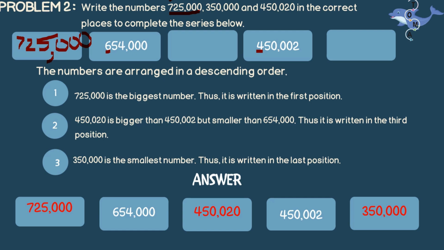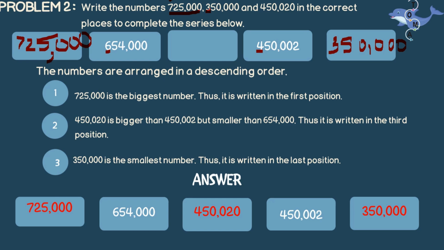By comparison, 6 and 4, we have this number. We are going to write the numbers in, yes, which order? Yes, decreasing order. So 4 is less than 3 - we are going to write down 350,000 over here, because this one is the smallest number.